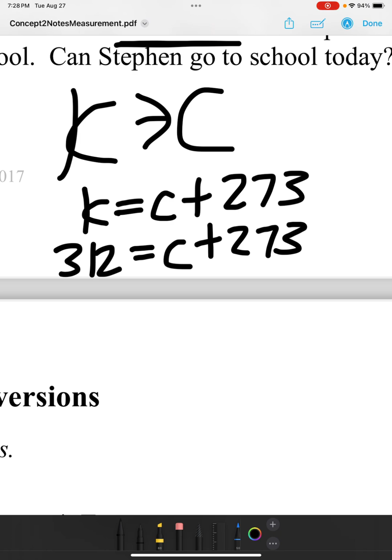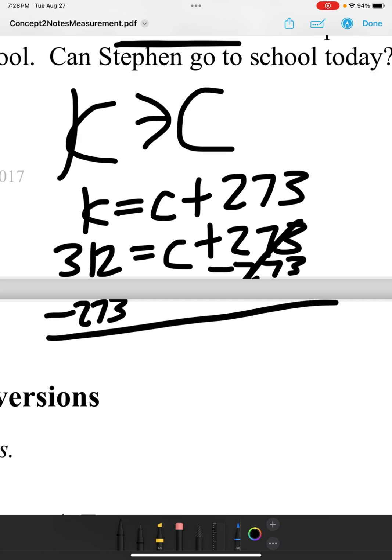So you have to ask yourself, what's keeping C from being by itself? Well, the plus 273 is. To undo plus 273, you have to minus 273, and whatever you do to one side, you have to do to the other side as well to keep it balanced. So the 273 minus 273 undo each other, which leaves us with C by itself. Then you just need to subtract 312 minus 273.